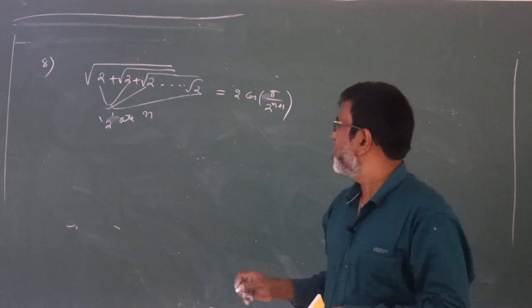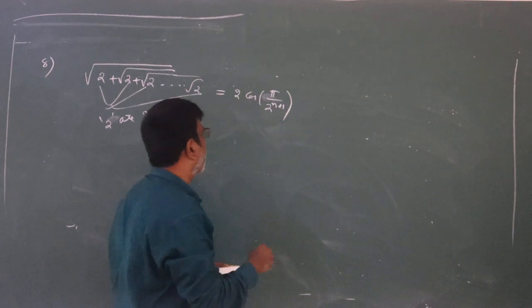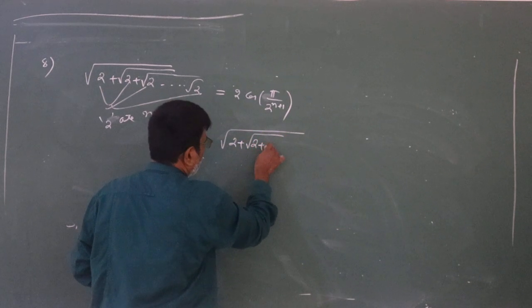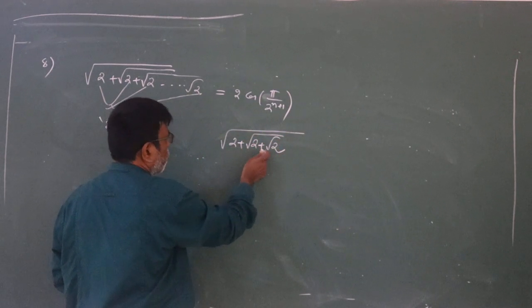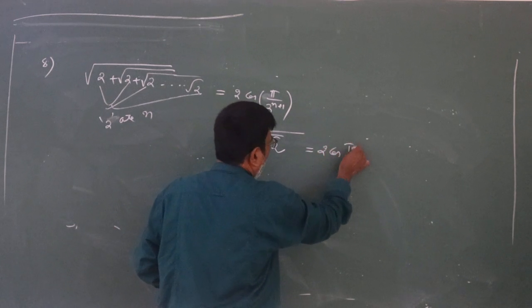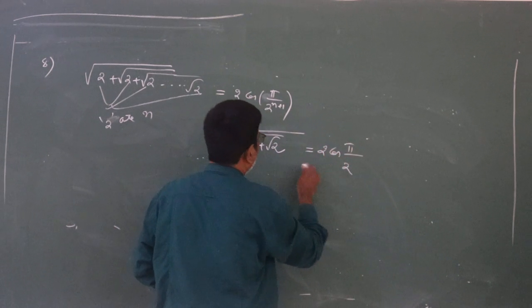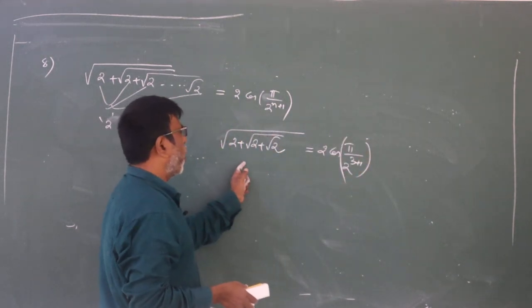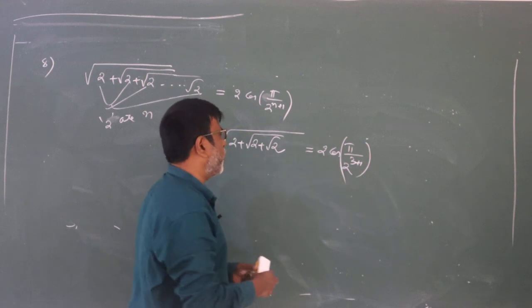This is a very important shortcut. Previously one question was asked like this: root of 2 plus root 2 plus root 2. Count how many 2's are there. Three 2's are there, so n is 3, and the formula gives 2 cos of pi by 2 power (3 plus 1).